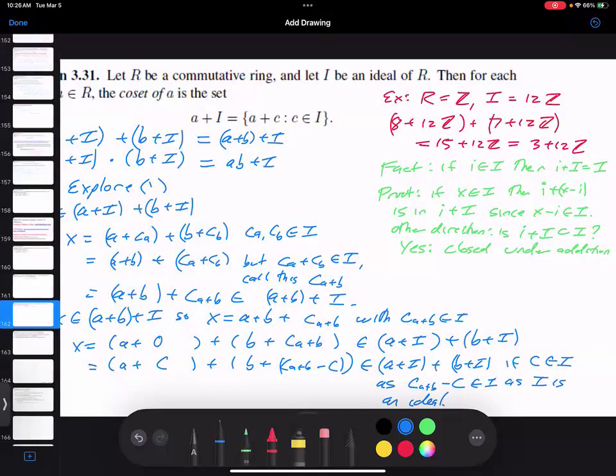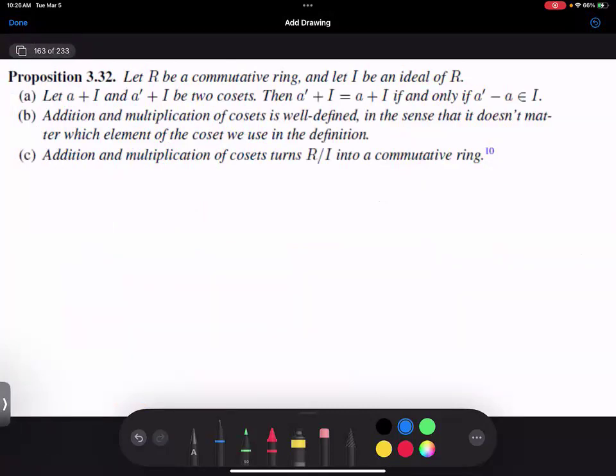The next slide is talking about just formalizing this and showing that it really has the properties. So as always, what kind of ring is R? Commutative. So R is a commutative ring. I, as always, is an ideal of R. Let A plus I and A prime plus I be two cosets.